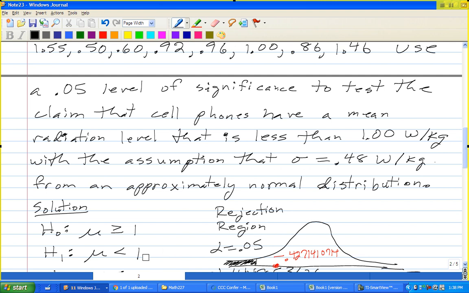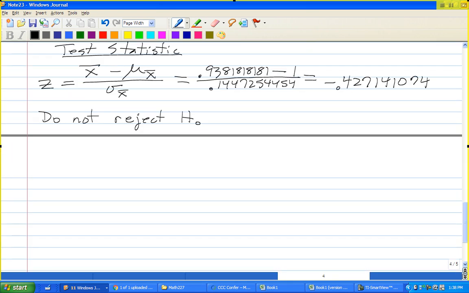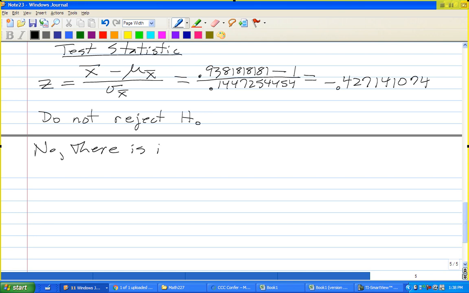So, no, there is insufficient statistical evidence.